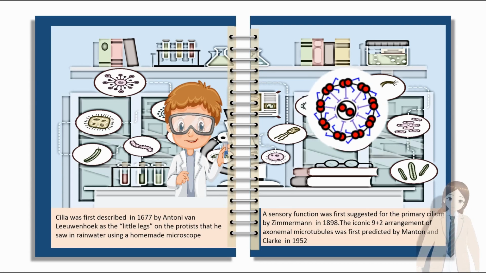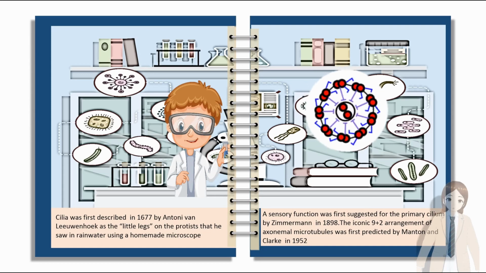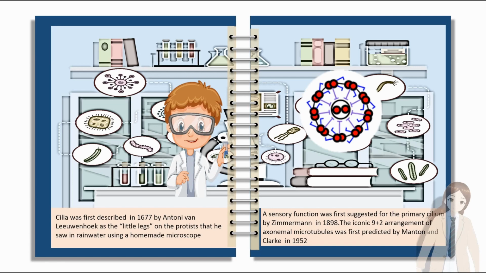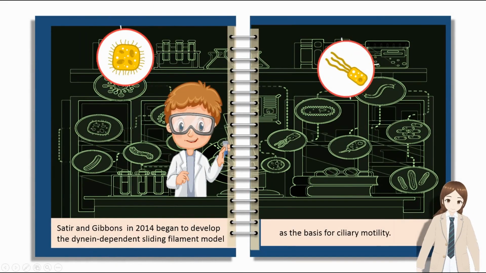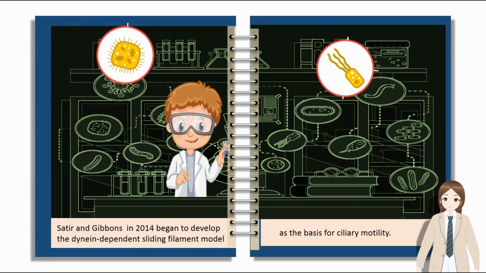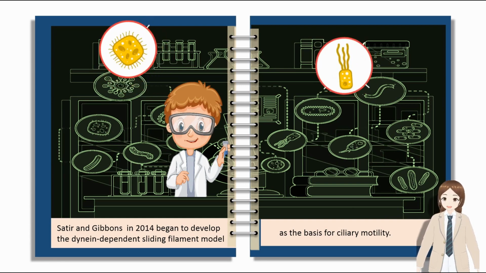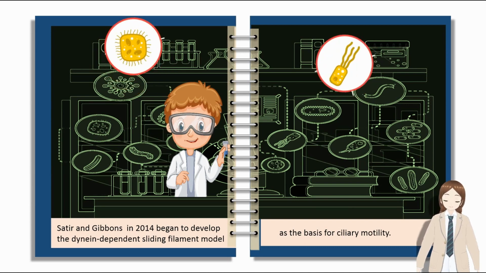The iconic 9+2 arrangement of the axonal microtubules was first predicted by Manton and Clark in 1952. Satir and Gibbons in 2014 began to develop the dynein-dependent sliding filament model as the basis for ciliary motility.